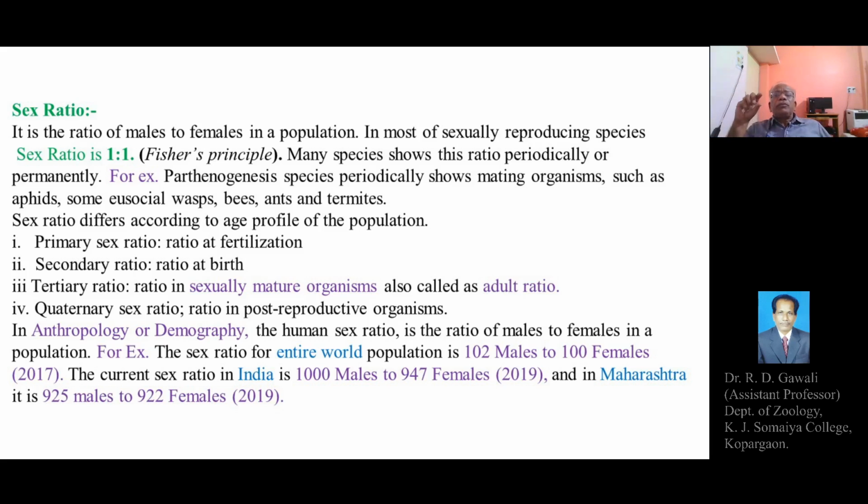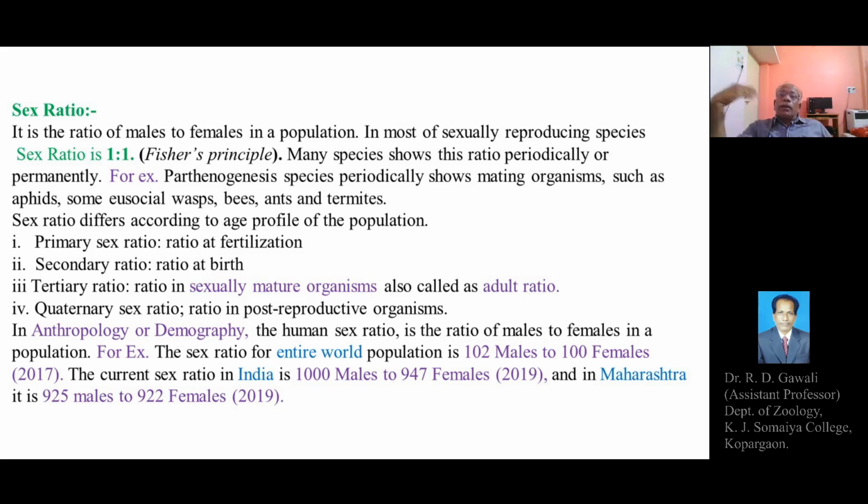In parthenogenesis species, there is an alternation of a sexual phase and a non-sexual, or parthenogenetic, phase. Means there is the presence of males and females, the mating organisms, periodically, not throughout the year. In a definite period of time or season, these species show mating organisms, that is the sexual phase, males and females.